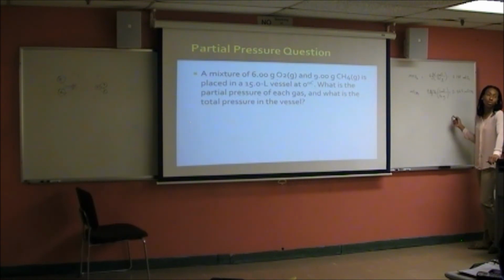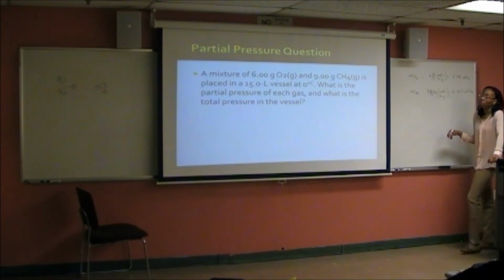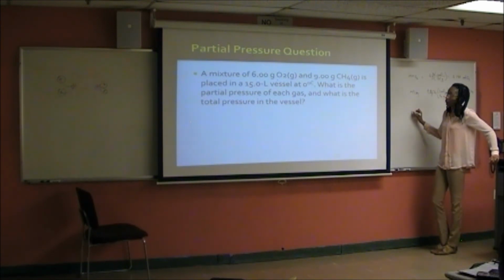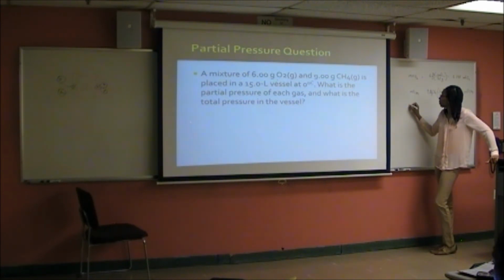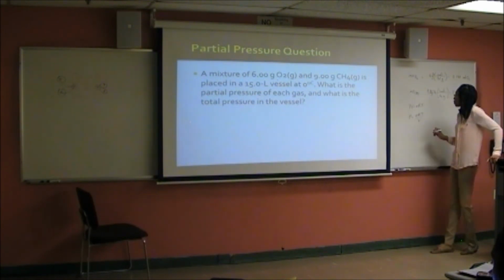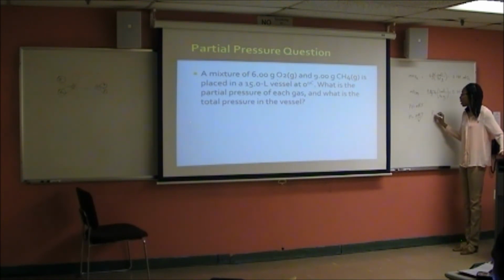With this information, what are you going to do? Plug it into the ideal gas equation, PV equals nRT. P is therefore equal to nRT over V. So the pressure for oxygen gas, the pressure for methane.